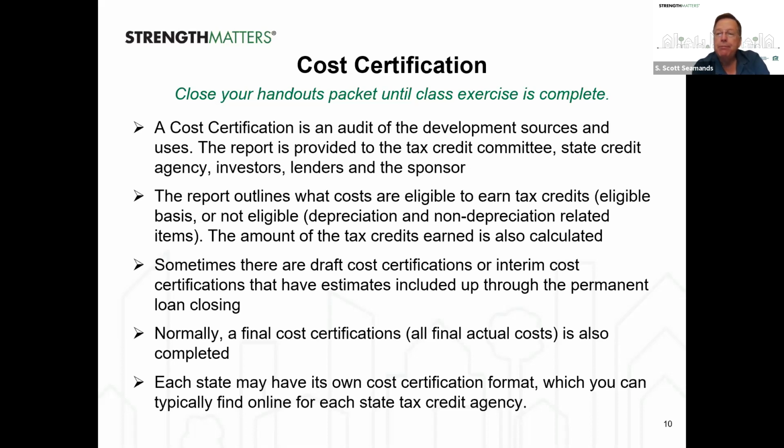Someone, namely a CPA firm, needs to audit that schedule to say that yes, these are all of the development costs. The categories are accurate. Building versus land. Things are in the right bucket, and this is the eligible basis amount of those development costs.